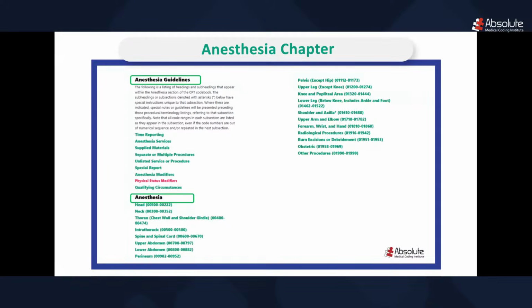These codes range from 00100 to 01999, and they are grouped based on anatomical site or sometimes the type of the procedure being performed. This section also includes your qualifying circumstance codes and the physical status modifiers. We will be discussing them in the upcoming slides.